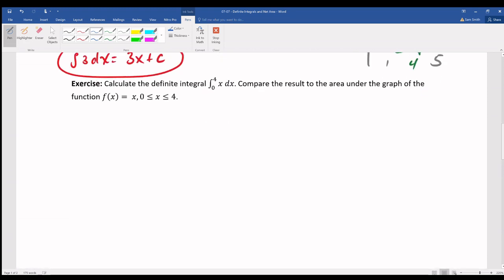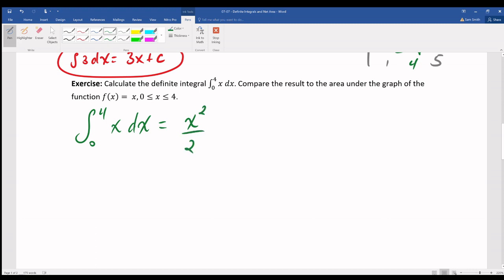Calculate the definite integral from 0 to 4 of x dx and compare the result to the area under the graph. So let's once again consider what is your favorite antiderivative of x. My personal favorite antiderivative of x is the simplest one, x squared over 2.